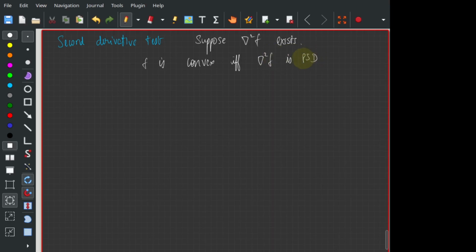So recall that the Hessian is a matrix, an n by n matrix. So f is convex if and only if the Hessian is positive semi-definite for all x.